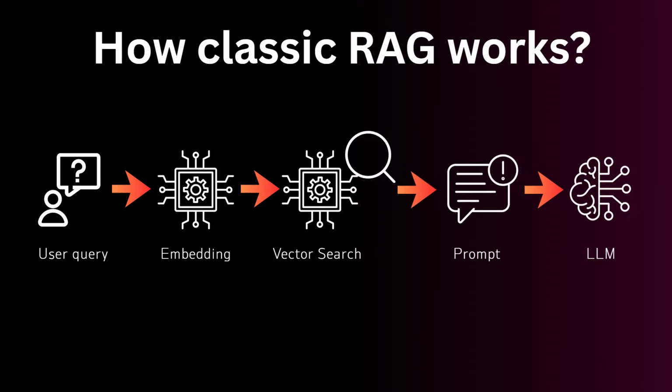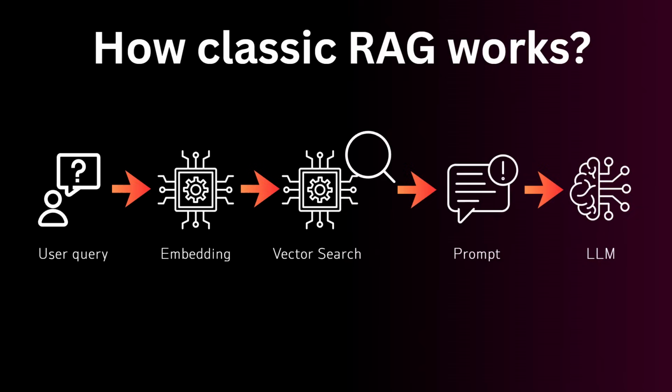We will quickly look at how classic RAG actually works. A user asks a question, that question is converted into an embedding, that is, a numerical representation of its meaning. We then use that embedding to search a vector database and retrieve the top k chunks of text that are most semantically similar to the query. Those chunks are stitched into a prompt and sent to the LLM, and the model generates an answer based on that context.